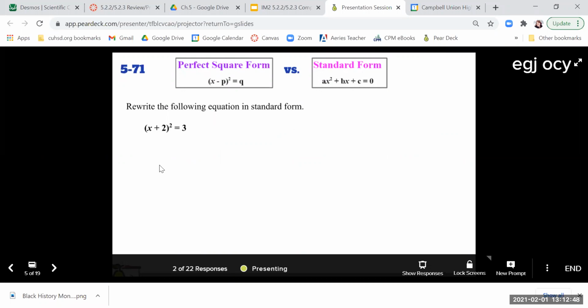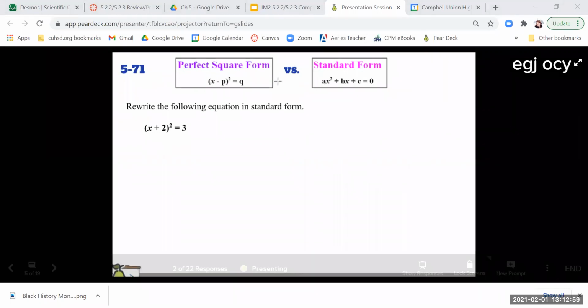To do that, we're going to start with a perfect square form equation and rewrite it in standard form. So we are going to go from perfect square form to standard form. This is our job today in this problem.